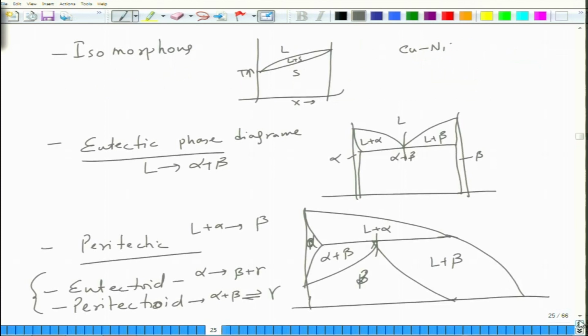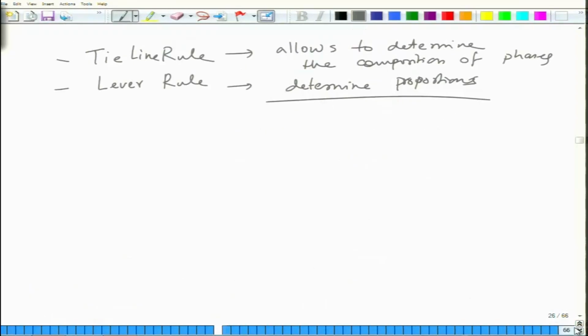So microstructure evolution, for example, in this case would be: you will have 100% liquid, then liquid plus solid. So this will be 100% liquid, here you will have some solid, and then you will end up having 100% solid. Similarly, you will have microstructure evolution in eutectic and other alloys. And then finally, we did a whole lot of analysis on phase diagrams. We looked at a variety of phase diagrams.